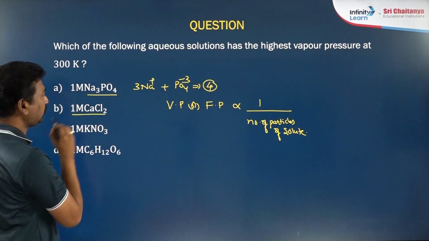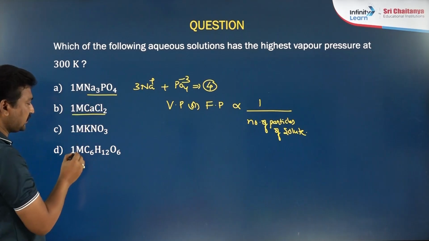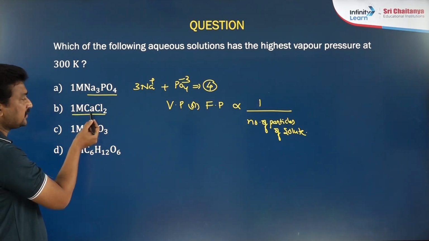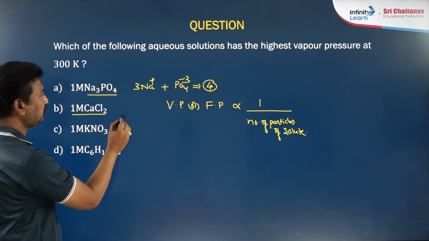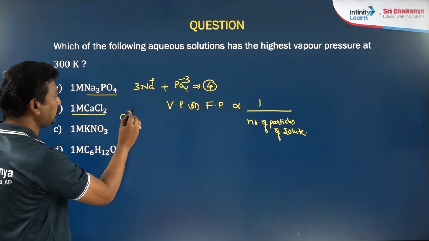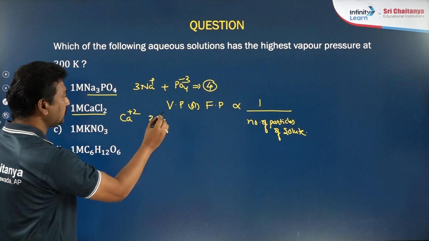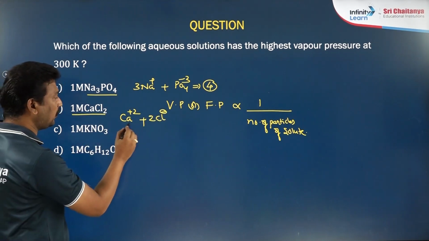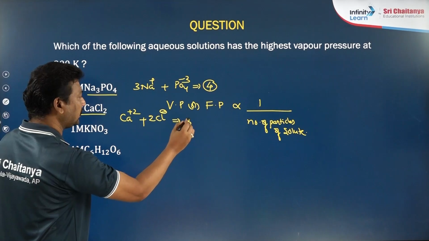1 molar calcium chloride. Since the concentration is the same here, we are discussing only the electrolytes. Calcium chloride: Ca 2 plus, 2Cl minus. 1 plus 2, 3 particles.